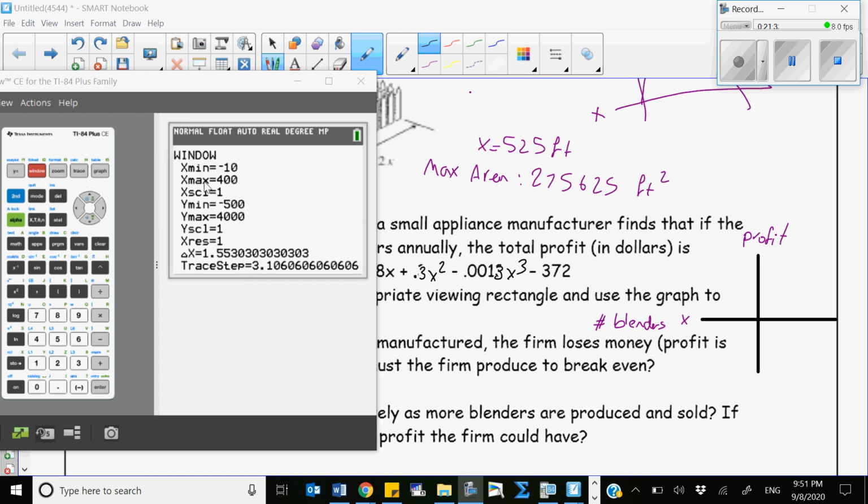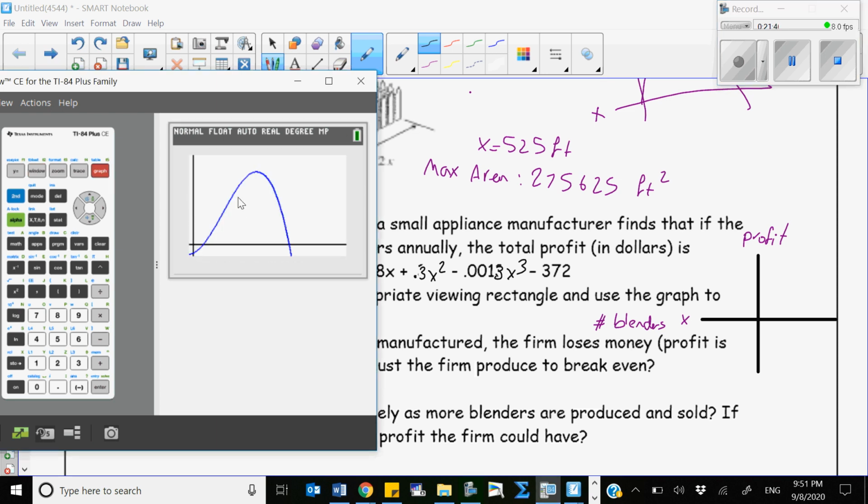Here I changed the x max to 400 and the y max to 4000. And that's it. The graph is kind of perfect here. So I just use different values to find the best value for x min, x max, and y min and max.